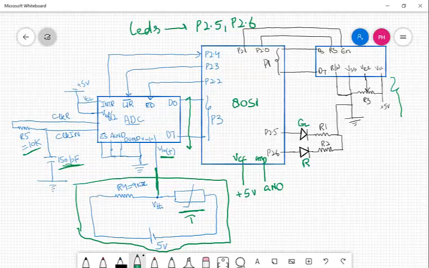We have a read signal, that's an input to ADC connected to pin 2.2. We have a write signal, that is also an input to ADC connected to P2.3, and also we have an interrupt end of conversion signal, that's an output from ADC connected to P2.4. P2.4 here, INTR, this is actually here.